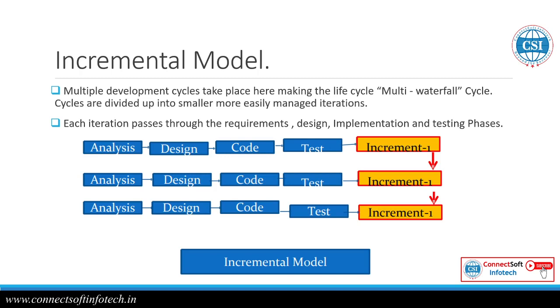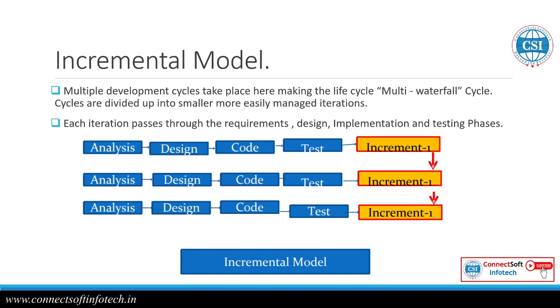So the entire year is completed, and then the customer gets the product. Then the customer's requirements change, so we need to follow the same steps again, which takes another year. So it is not suitable for changing requirements.